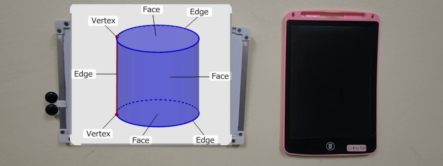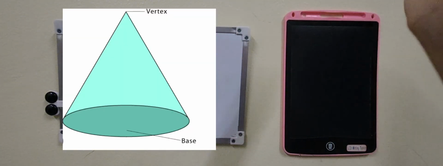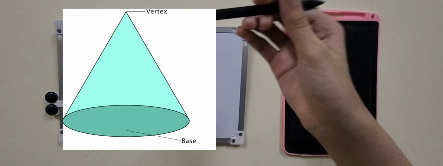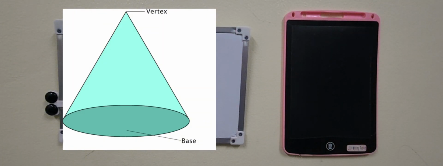Now for the last one, we're going to be looking at a cone. I have the picture linked, and this is the last 3D shape we're learning. A cone is like the cone under our ice cream, which is the same cone we are learning right now.